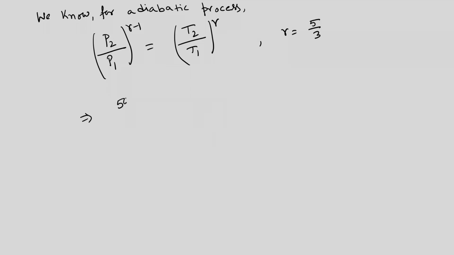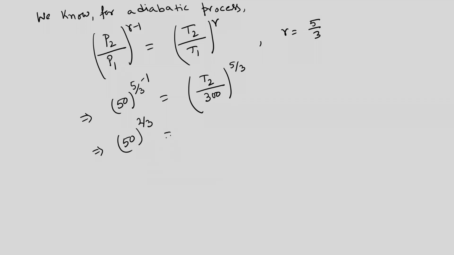So, we get 50 to the 5/3 minus 1 is T2 by 300 to the 5 by 3. So, it gives us 50 to the 2 by 3 is T2 by 300 to the 5 by 3.